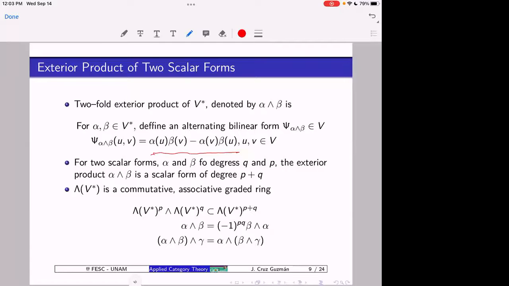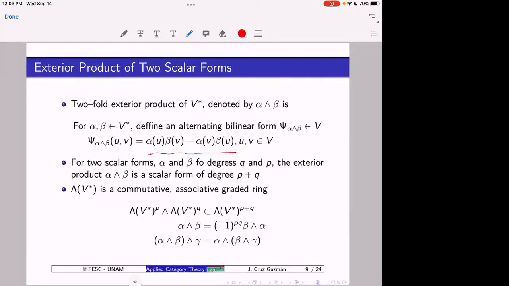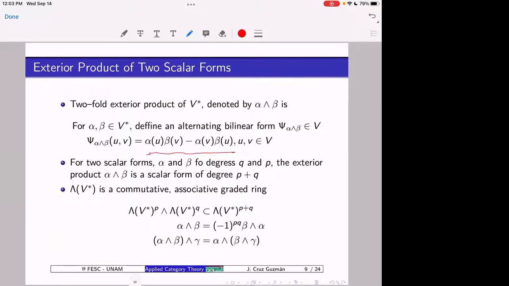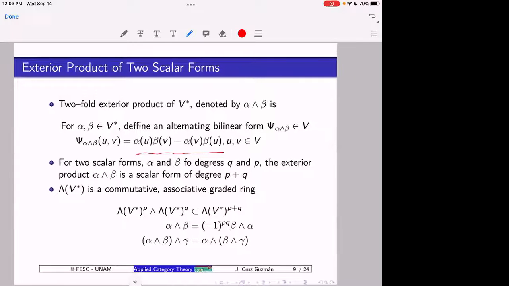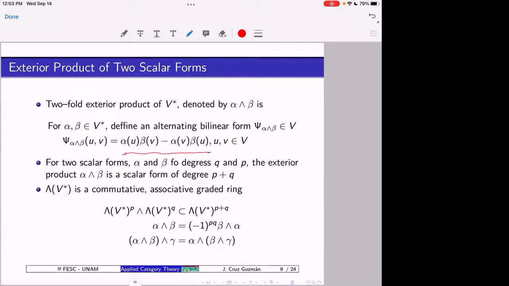Yeah, that's true. Okay, here is an element that I wanted to put here.